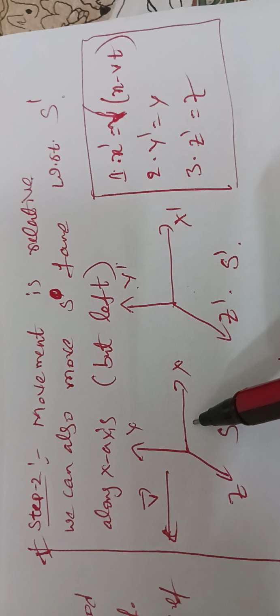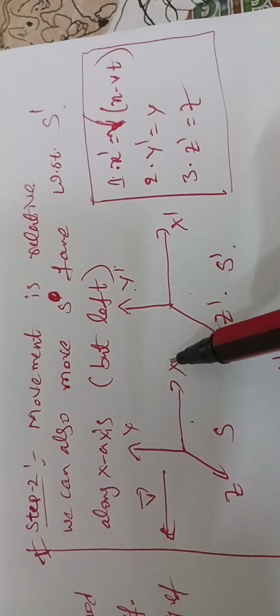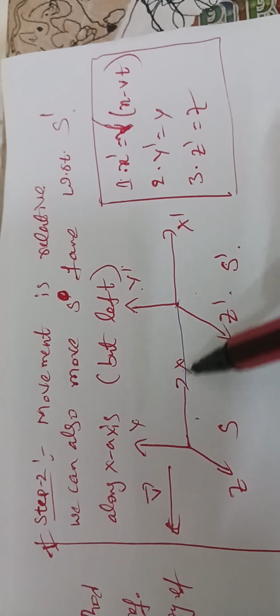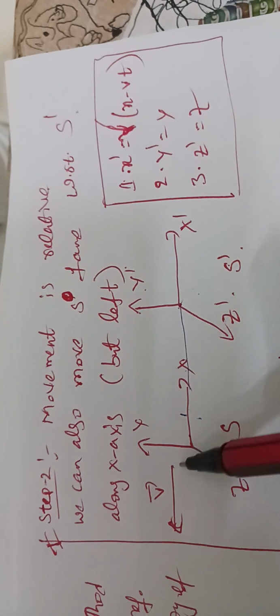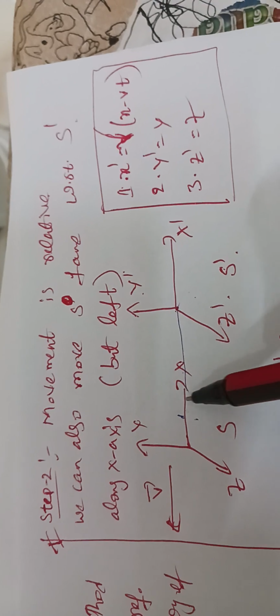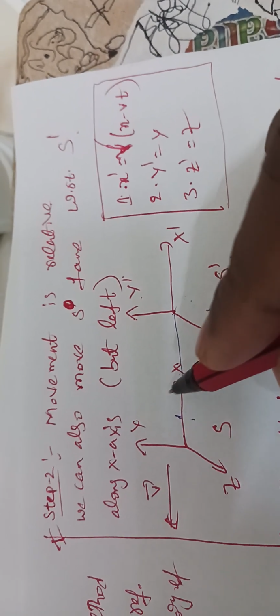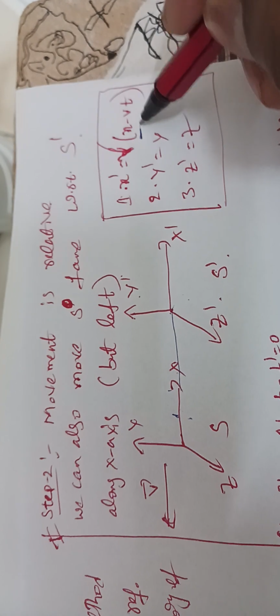So therefore the equation I am writing here: the distance moved is x, from here to here, and the point wherever this frame has moved is vt. Since this is the S frame, time is t here, so that can be written as x dash equal to x.